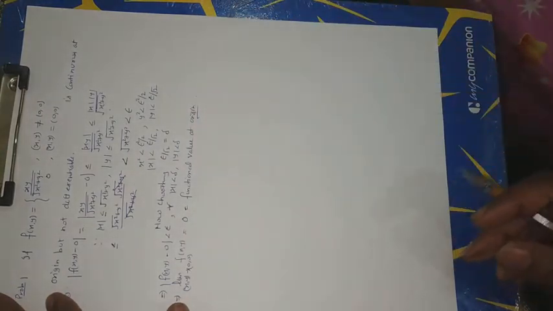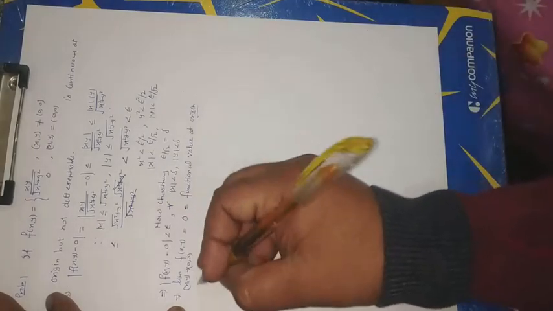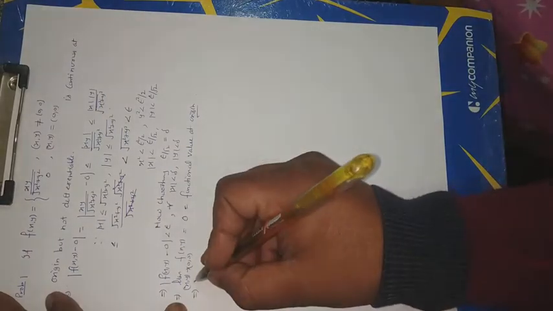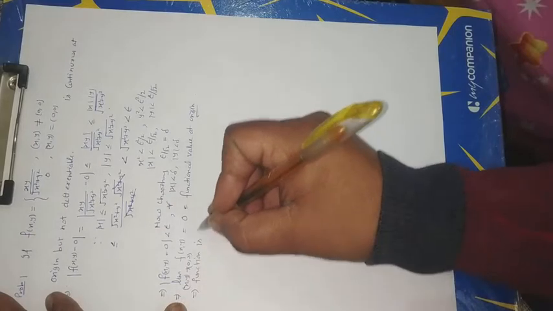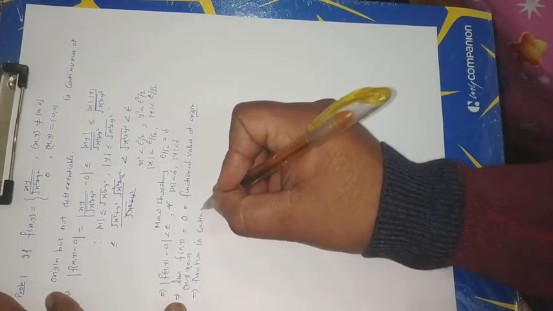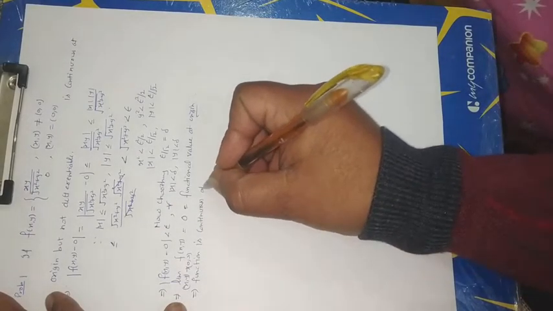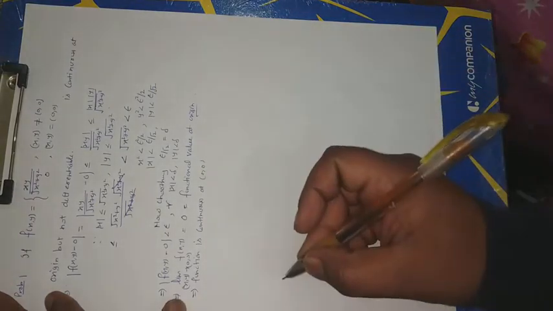If the simultaneous limit is equivalent to the functional value of the function at that given point, then we can say the function is continuous at origin, that is (0,0).